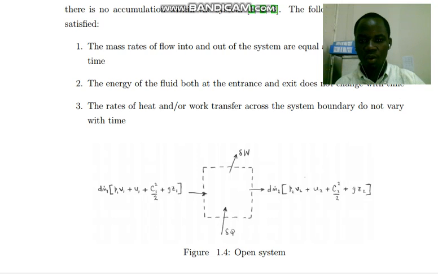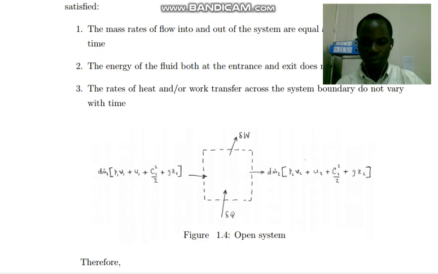This is what is getting into the system, and then we have the work that is done by the system and heat added to the system, represented by delta W and delta Q respectively. Then at the output, what leaves the system is the mass flow rate dm2, pressure 2 times volume 2 plus internal energy at state 2 plus the kinetic energy at state 2 plus potential energy at state 2.